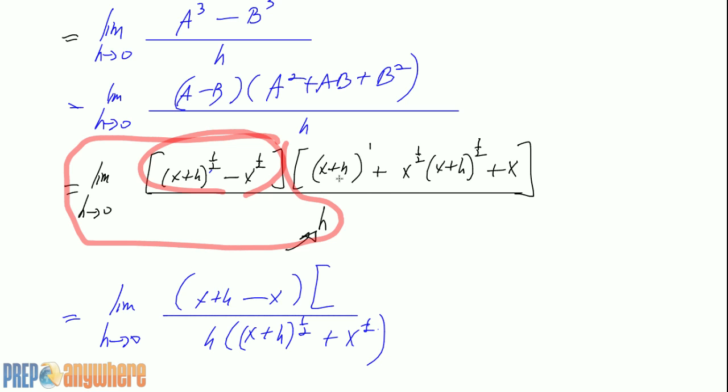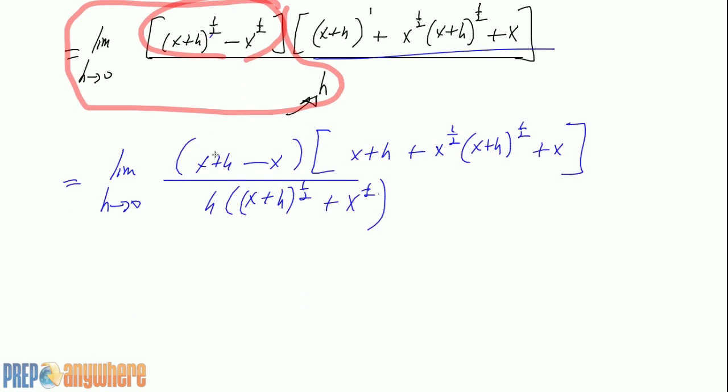Leave this bracket alone, keep it exactly the same. What is this bracket equal to? h. So it'll reduce with this h now.